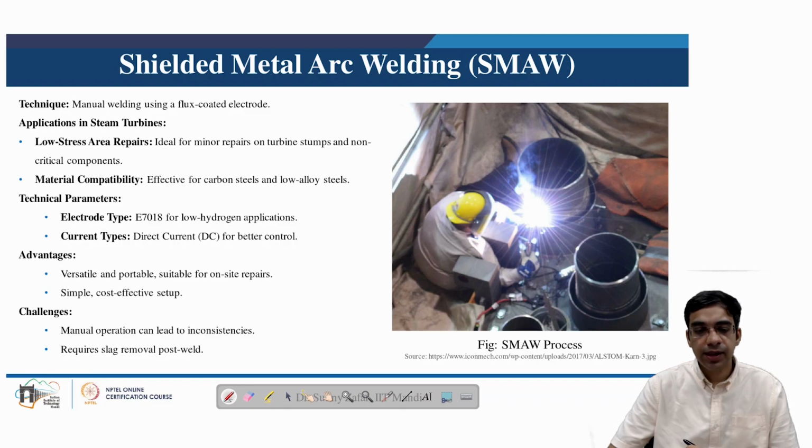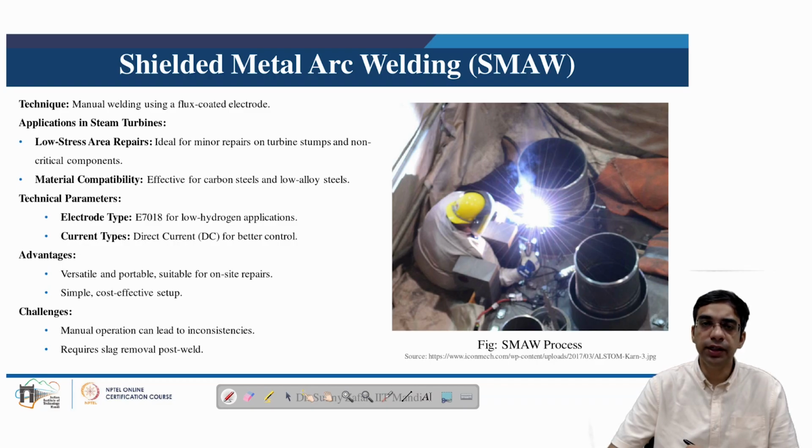So these are applied in steam turbines with respect to low stress area repairs, ideal for minor repairs on turbine stumps and non-critical components. Material compatibility is effective for carbon steels as well as low alloy steels. Technical parameters such as electrode type E7018 for low hydrogen applications is used.